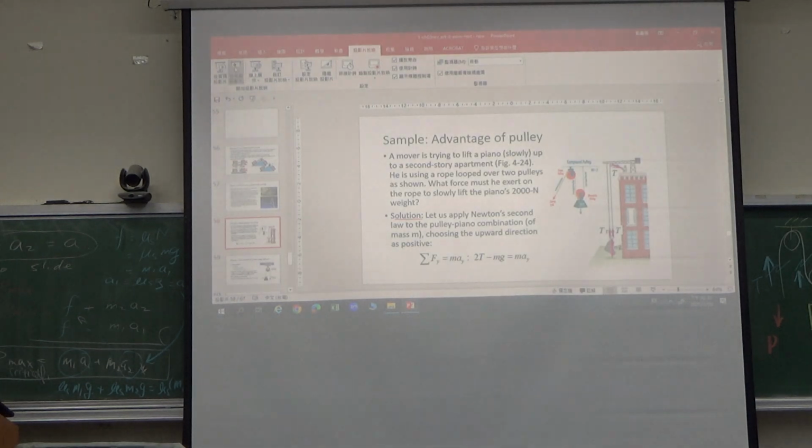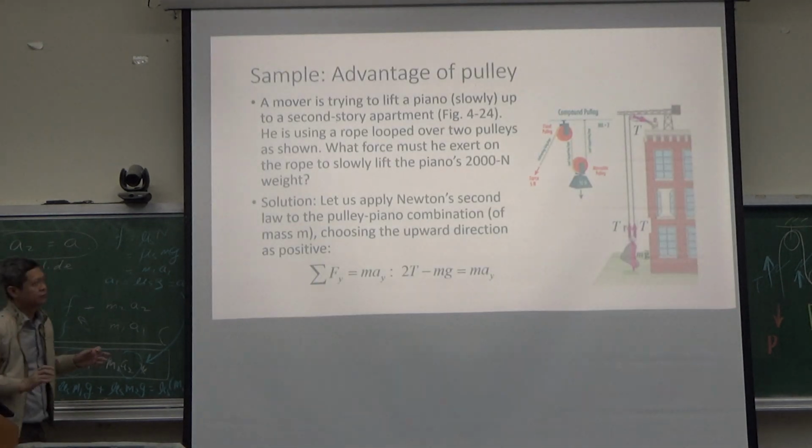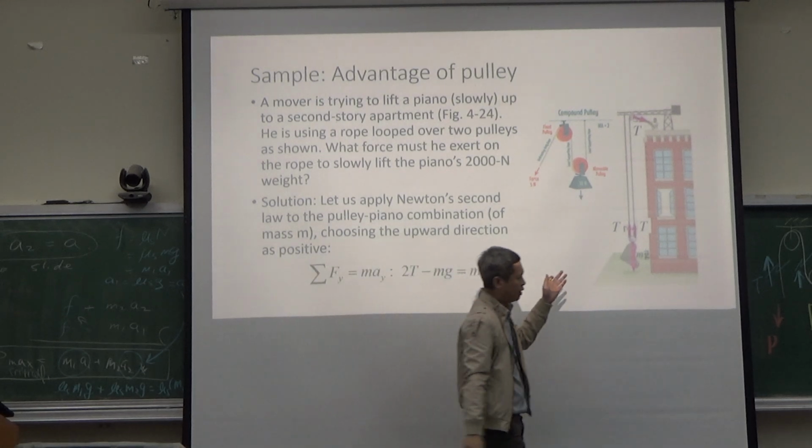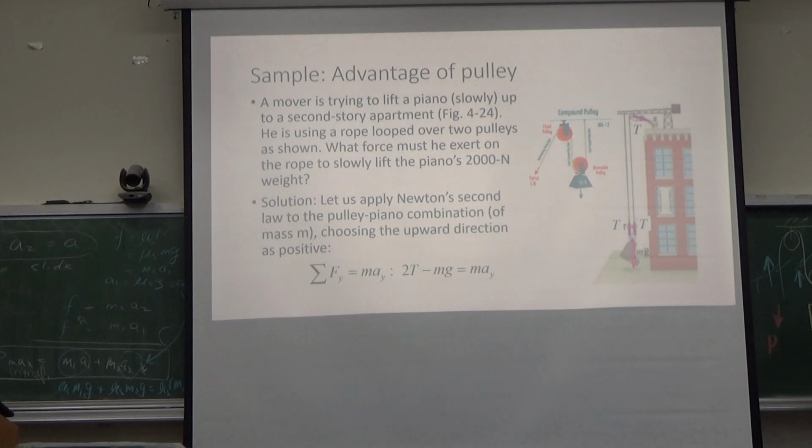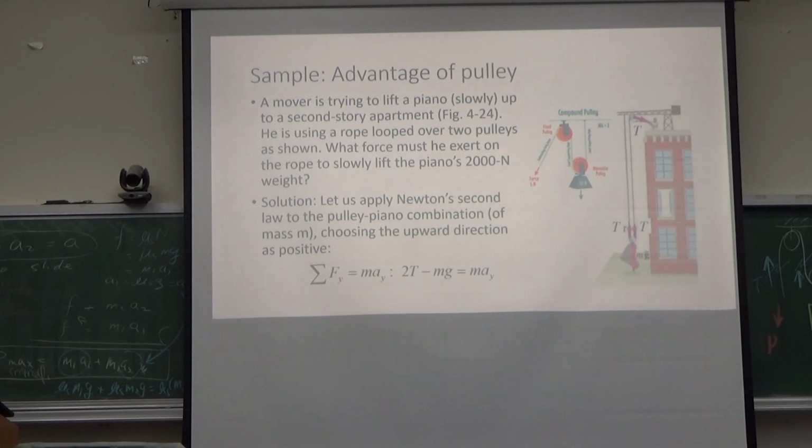Likewise, how do you write the equation for a pulley? In this case, what is the assumption that you are not told? The assumption is that the cables are massless. You don't apply any Newton's second law to the cable.